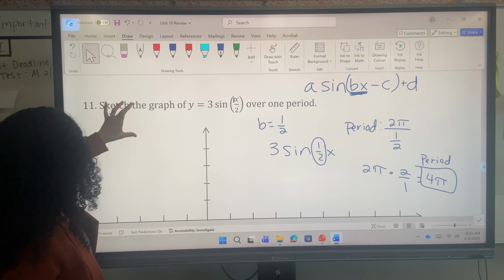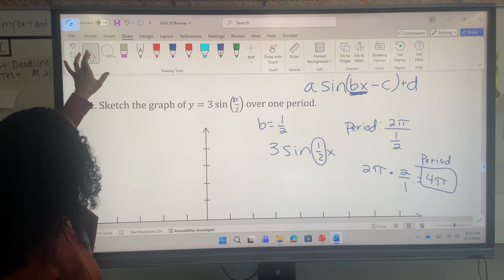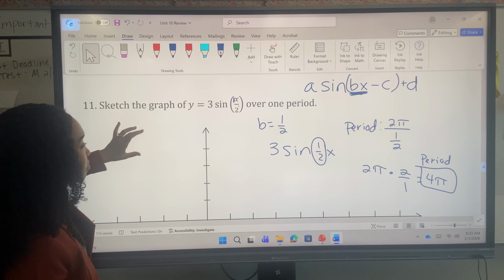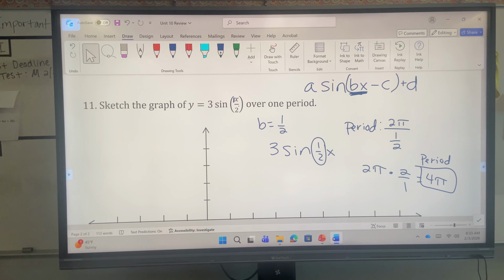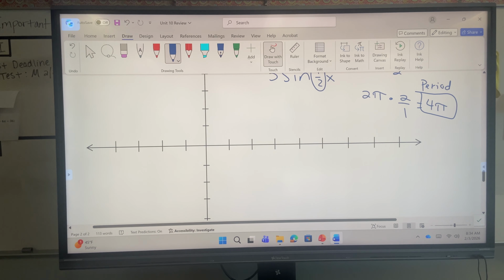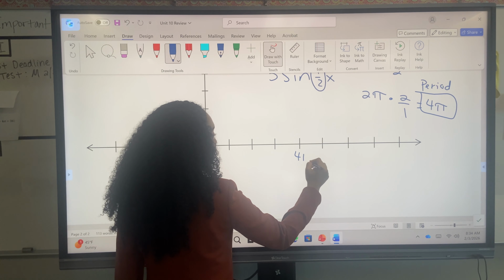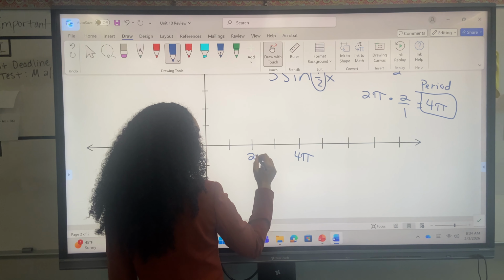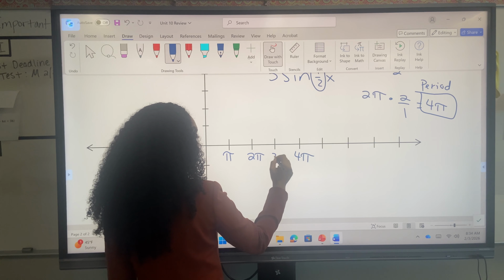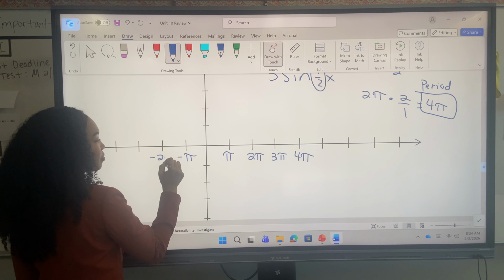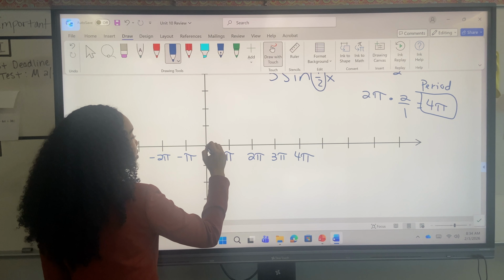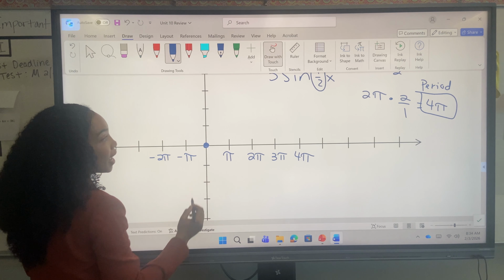So if we graphed it, this is 4 pi, that means half of it is 2 pi, half of 2 pi is pi, this is 3 pi. This is negative pi, and so on. You start right here, and you didn't have a phase shift.